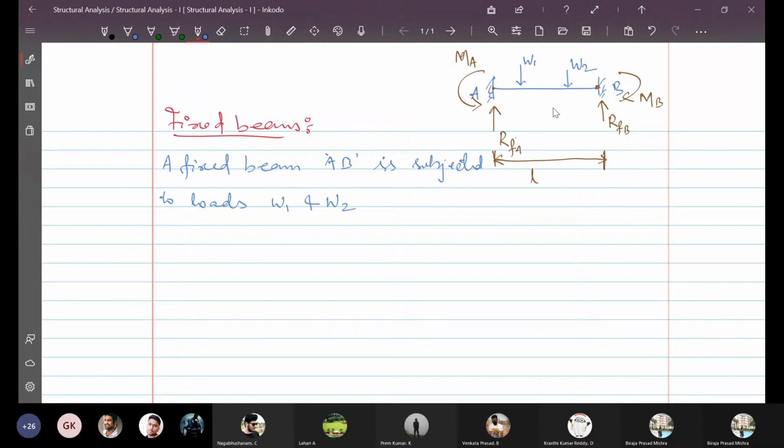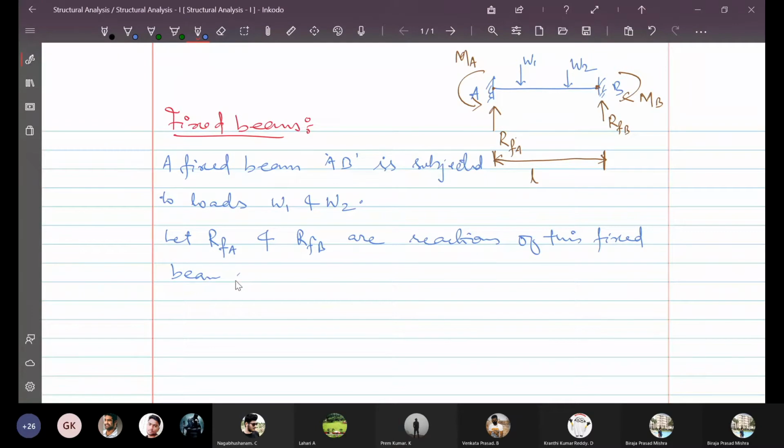For the time being, I have not mentioned. Okay. Now, another point is, let RFA and RFB be the reactions of this fixed beam AB.